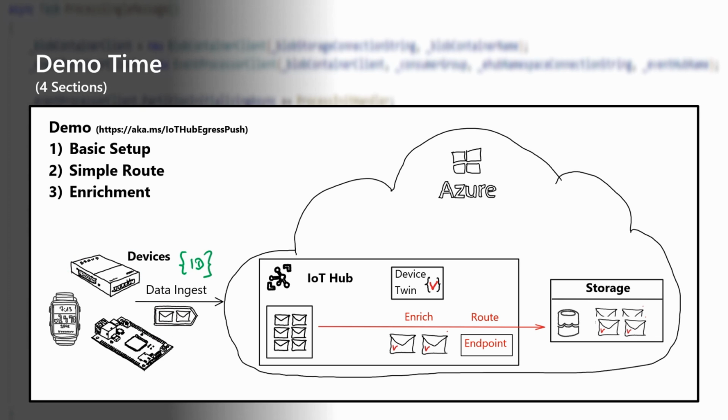And what I will do here is I will update the device twin, which is unique for every device, with information about a cost center and with information about a department. And then when a message from this device flies into IoT Hub, we will take this message, look into the device twin, and then put the information about the cost center and about the department into the message so that at the end, when you store it somewhere in a storage account, then you really have this additional information inside of the message.